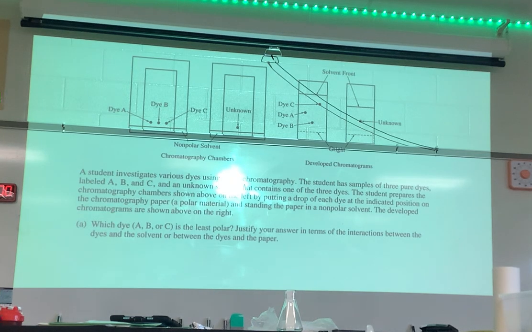Things found closer to the bottom are more attracted to the paper. C is like this polar, they still have a positive and negative going on, it's just not very strong. But all positive and negative things are weak, right?